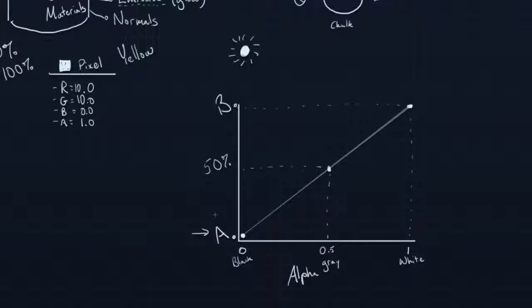So if A was red and B was blue, then a value of 0.5 would give you something kind of like purple. So that is how linear interpolate works.